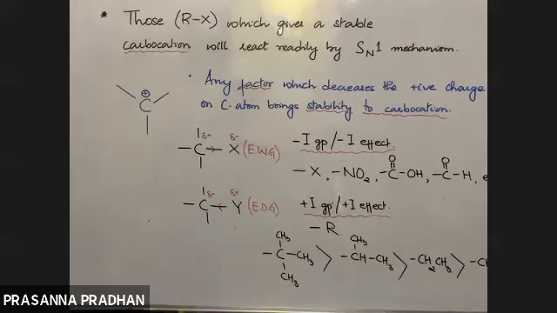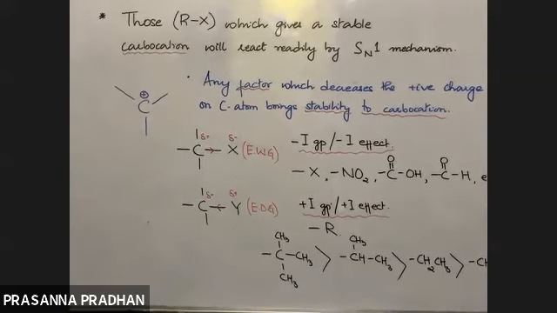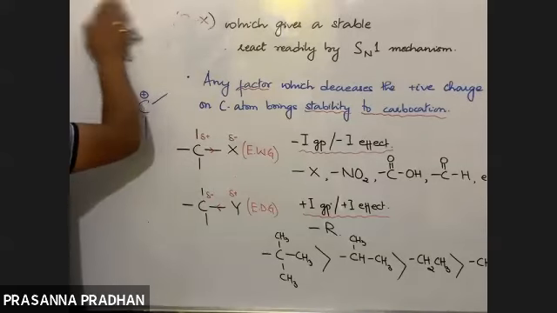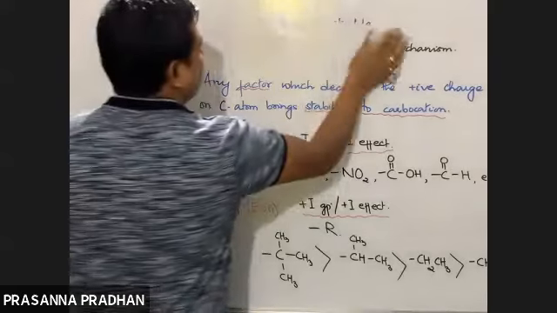So that is why we need to know the stability of carbocation. What are the factors? Now, what did I say? Any factor which decreases the positive charge will bring stability.